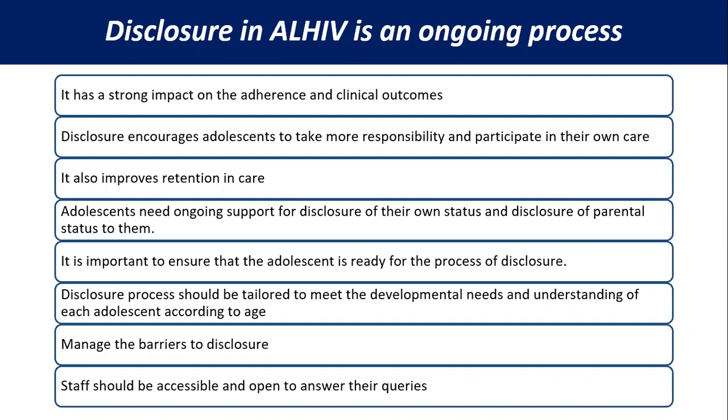So always encourage proper disclosure in these ALHIVs and manage the barriers to disclosure. Staff should be accessible and open to answering whatever queries there are, because they will have thousands of queries in their mind. If you are able to answer each and every query, you can satisfy them, so that they can also build up confidence in your center and your counseling later on.